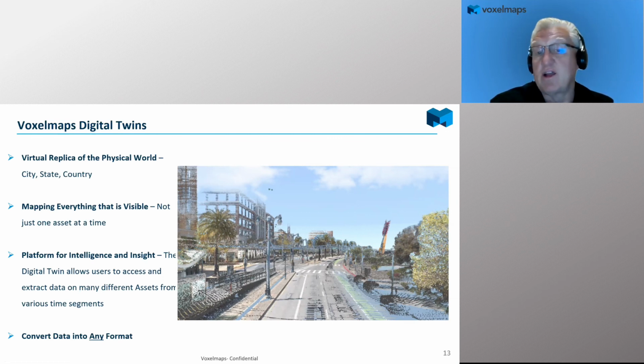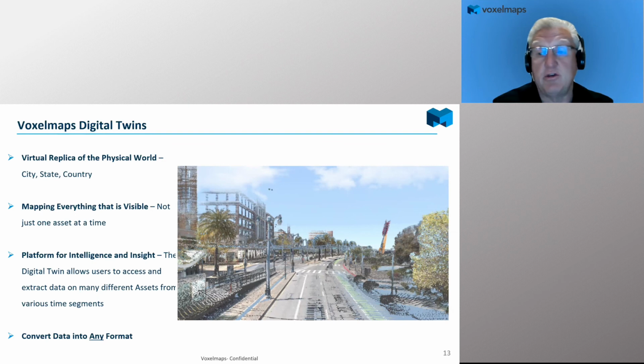We're collecting both LiDAR and imagery, so anything that's visible, we're trying to map out and extract as an individual feature. The digital twins allow us to access and extract many different features or assets across various time segments, and then we can convert that into any format as well.